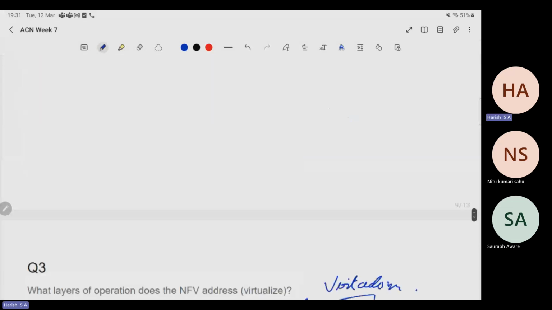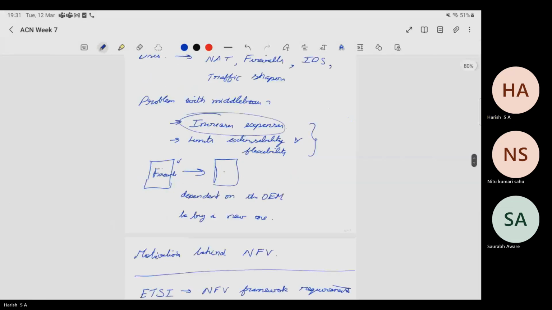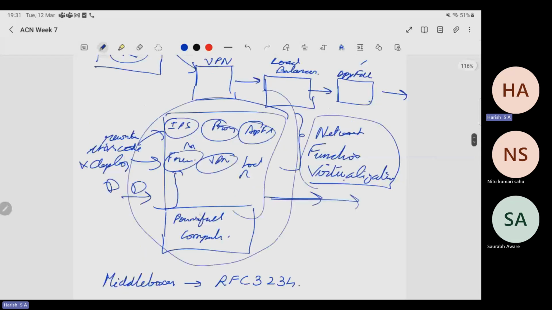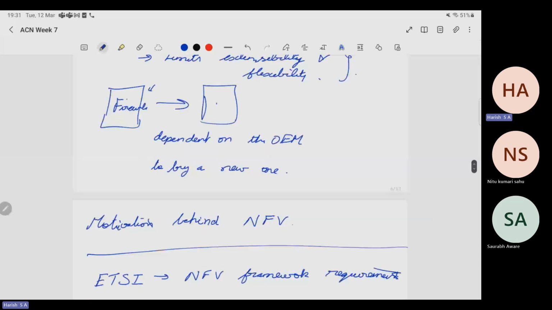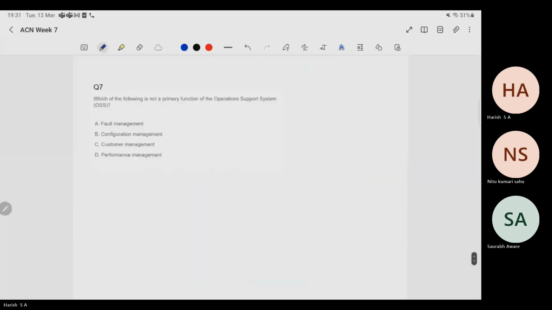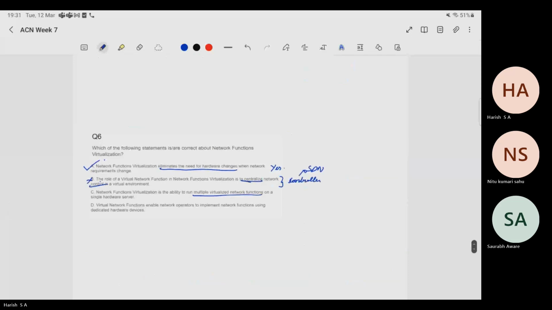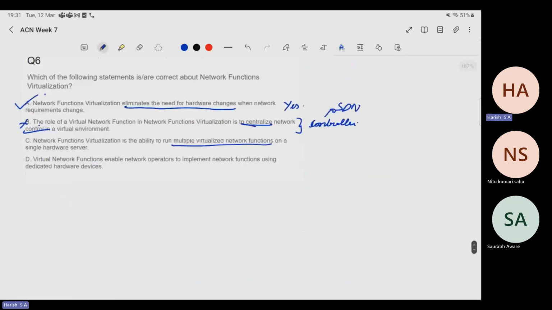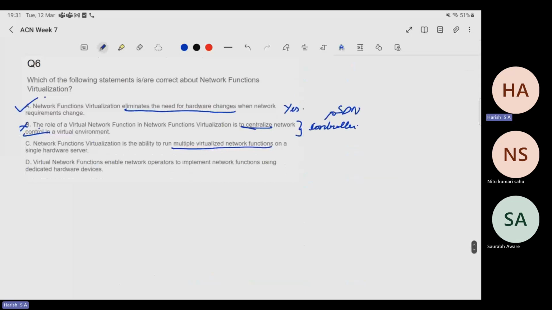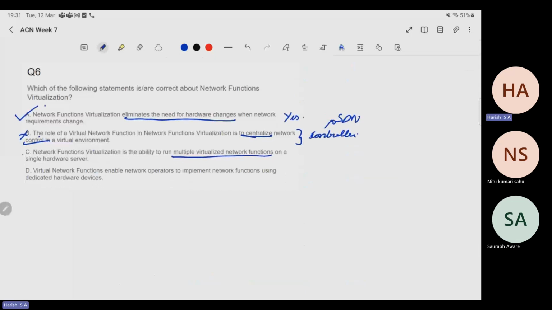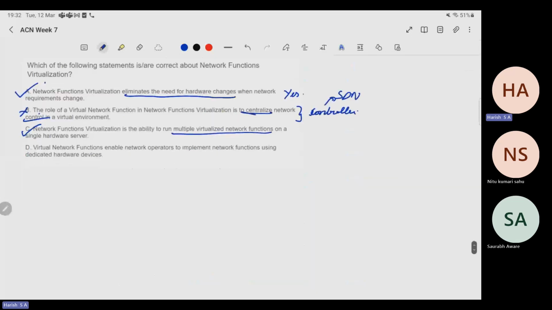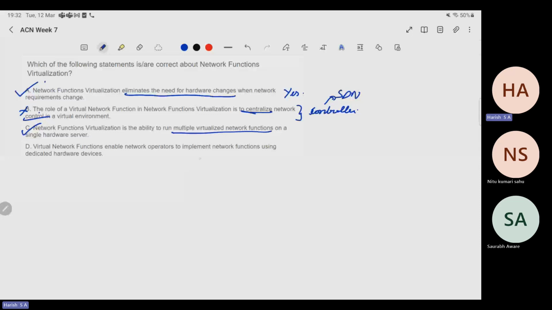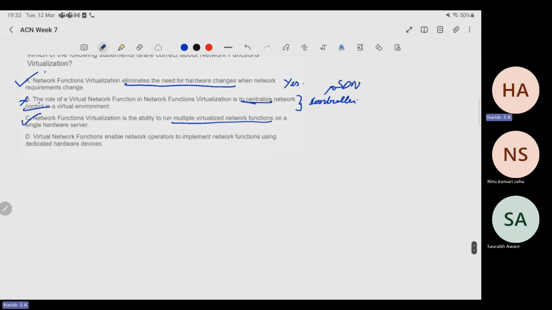If you remember the diagram that we drew here, you see a single powerful server or computer running multiple network functions. So that is pretty much what this statement says. So it is correct. Again, virtual network functions enable network operators to implement network functions using dedicated hardware devices.